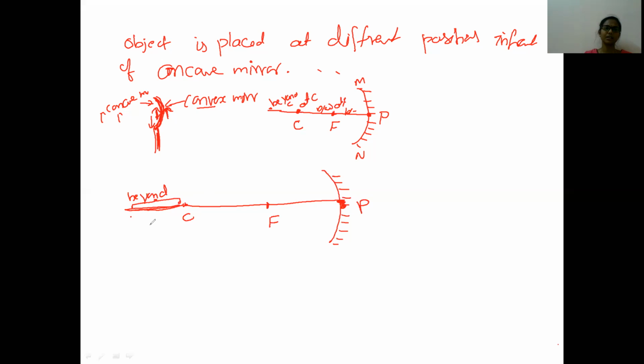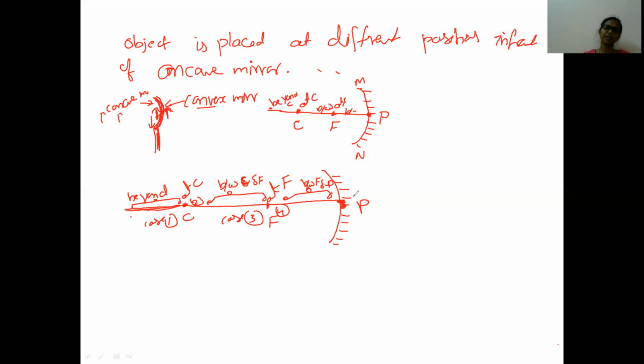Case two is exactly at C. Case three is between C and F, from here to here. The fourth case is the object at F. And the fifth condition is the object between F and P, the pole and the focus.